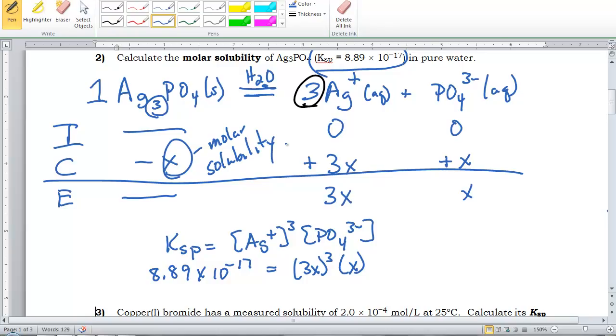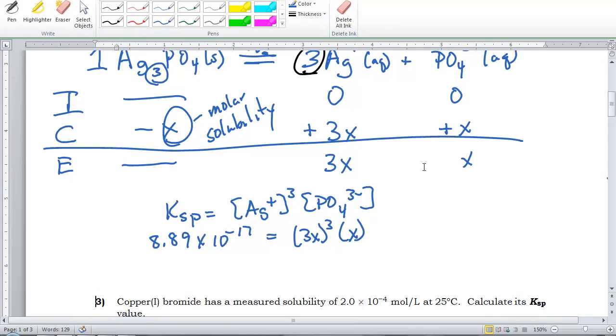Okay? x is the amount of that salt that dissolves into these ions in solution. So that's all we're solving for. Be careful. 3 cubed, 3 times 3 times 3 is 27. x cubed times x, this is 27x to the fourth.